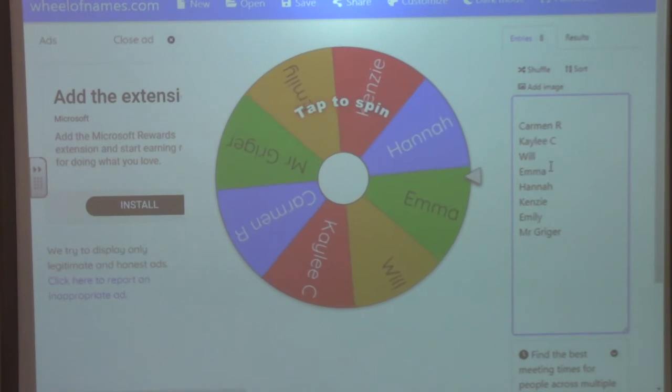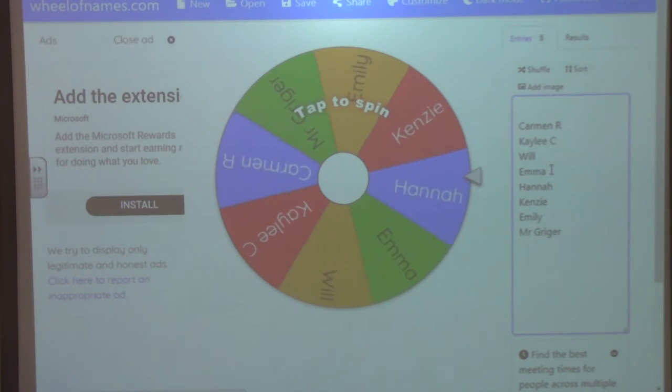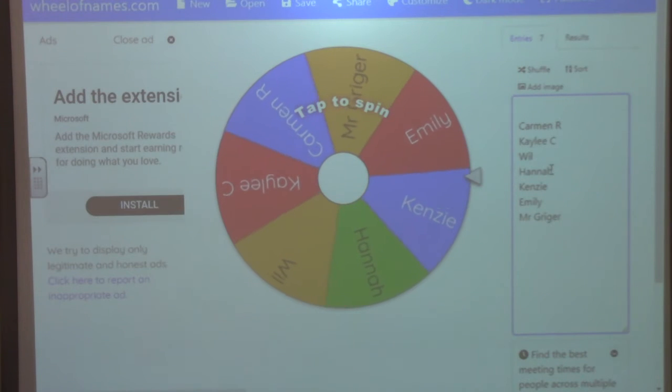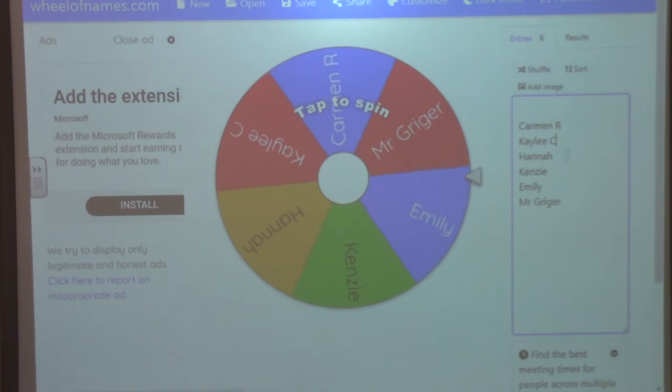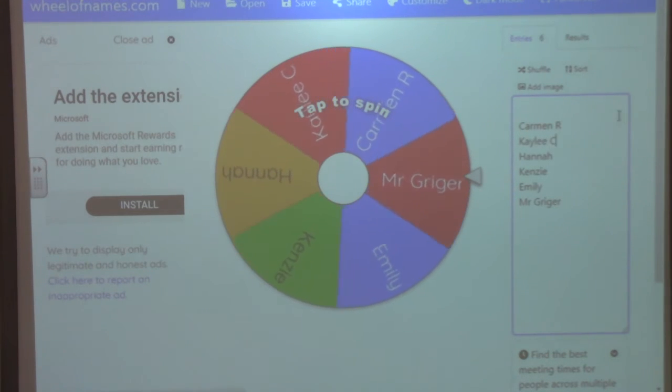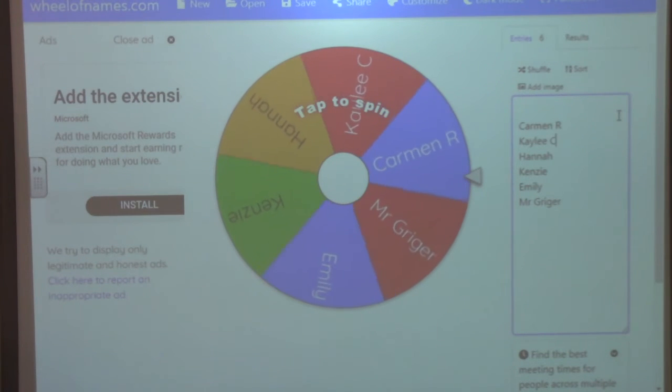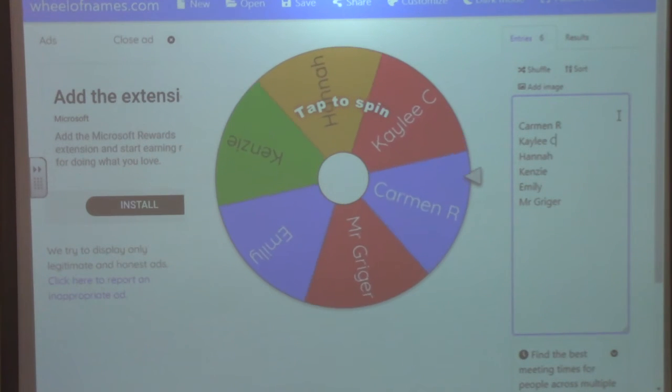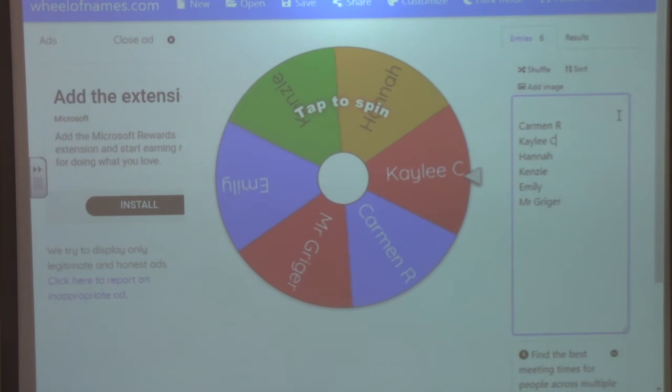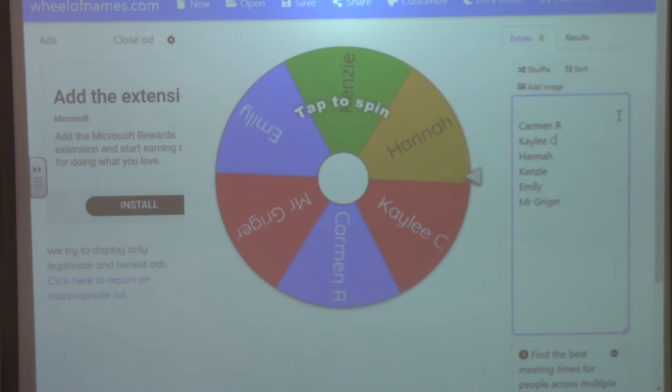And then Emma's gone. Everybody else is here. You just put out lists. So Mr. Greiger, you see you're on the list here, right? So you can be a source for us today. How's that?